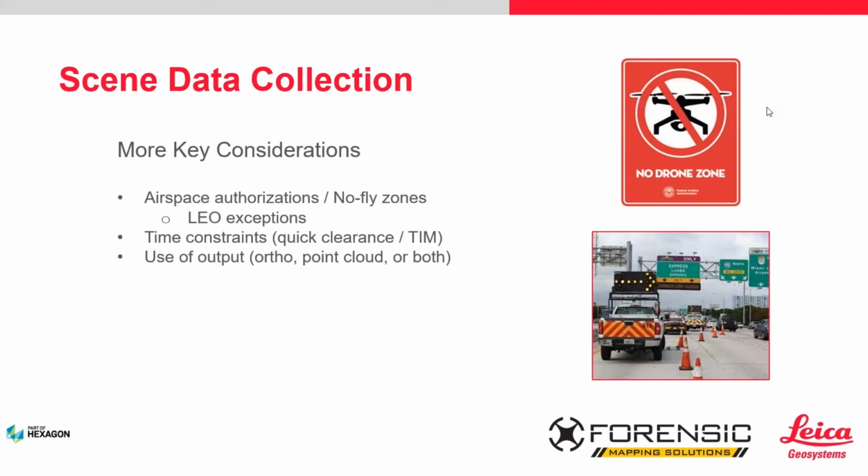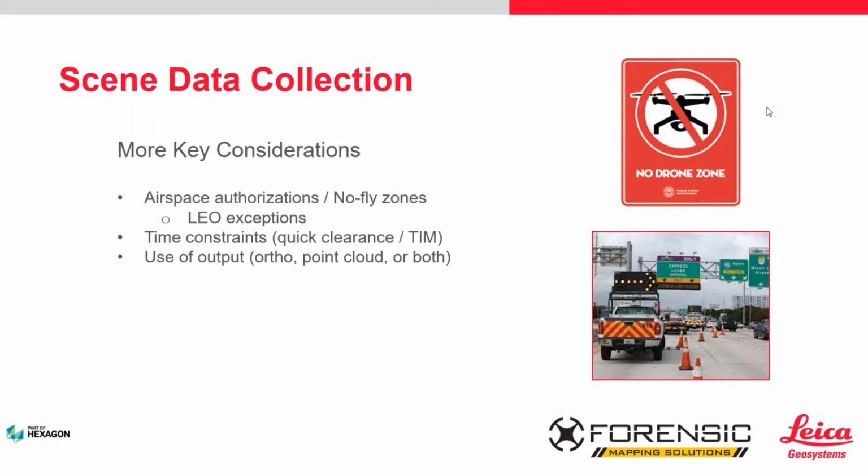So then we get into issues with airspace, what's called controlled airspace, areas where the FAA has determined that you're not going to be able to operate a drone, and that could be at certain altitudes only.